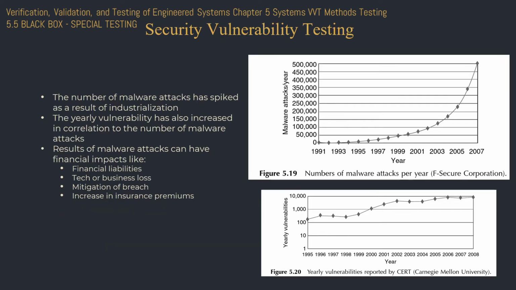The number of malware attacks has spiked as a result of industrialization. The yearly vulnerability has also increased in correlation to the number of malware attacks. Malware attacks can financially impact companies, like financial liabilities, tech or business loss, mitigation of breach, or an increase in insurance premiums.